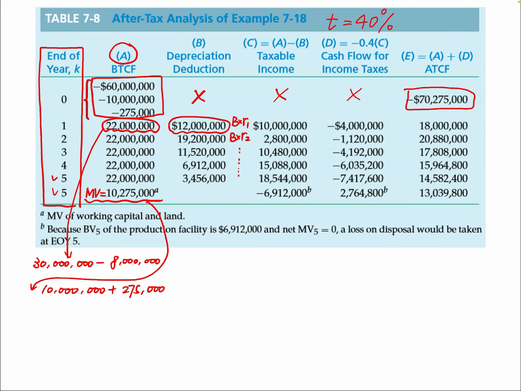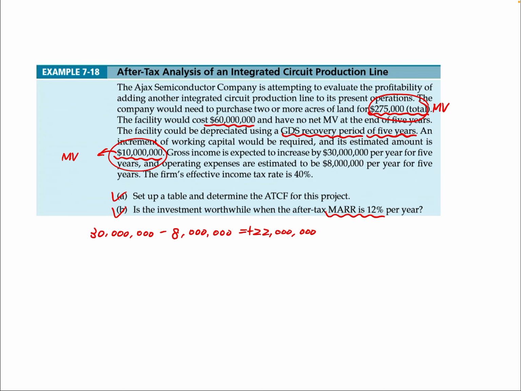Now I'm looking at table 7-3. Imagine you're looking at that table as well. So for year 1, your R1 is 0.2.